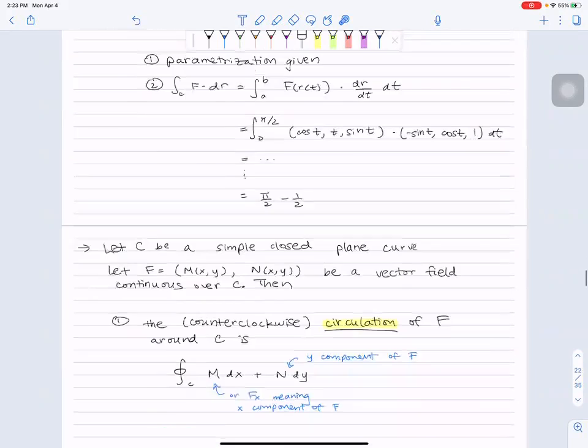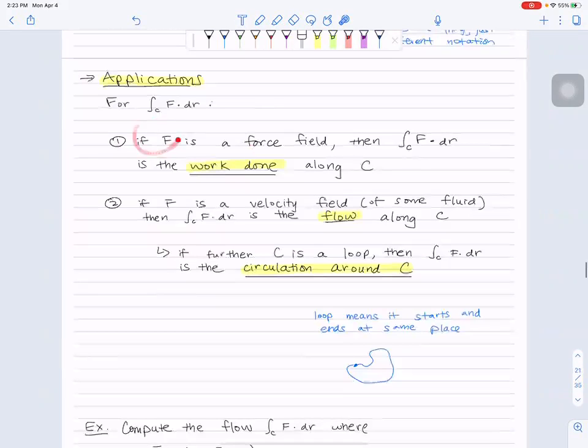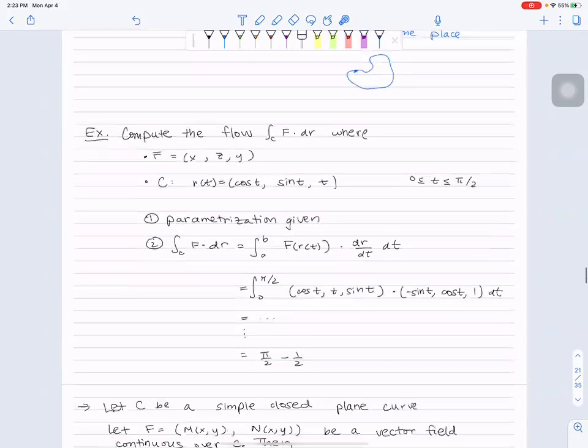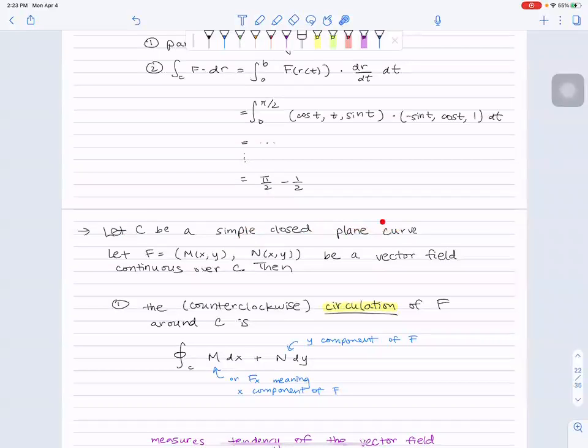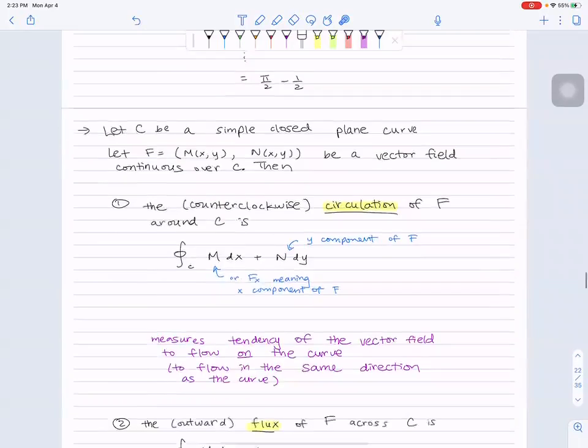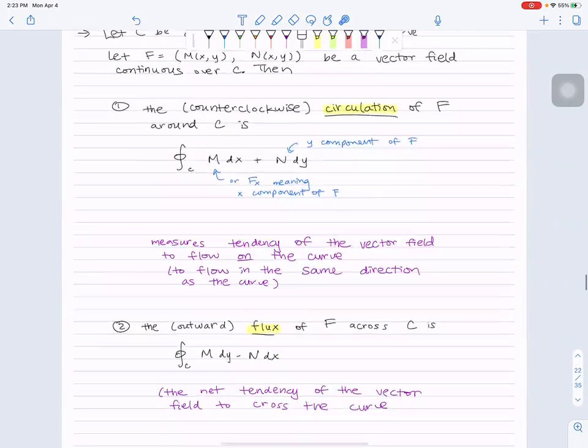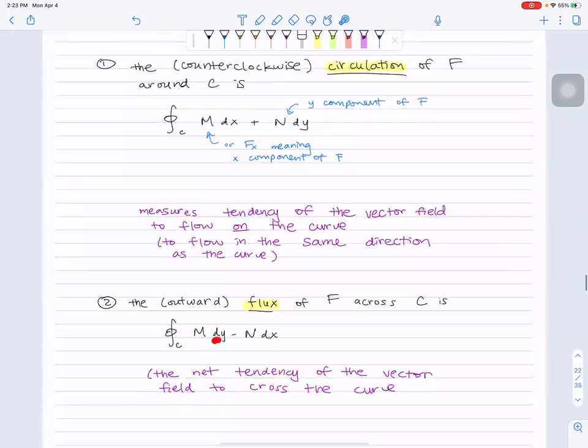Okay, so in general, you have a capital F, you have work, flow, circulation. If your curve is a simple closed plane curve, so it's closed, then given some function, now we have circulation and flux. Circulation is going to be this simple thing, M dx plus N dy. Flux is going to be M dy minus N dx.